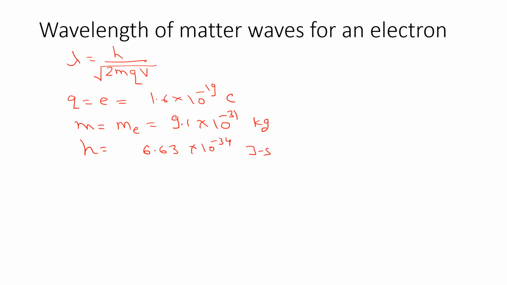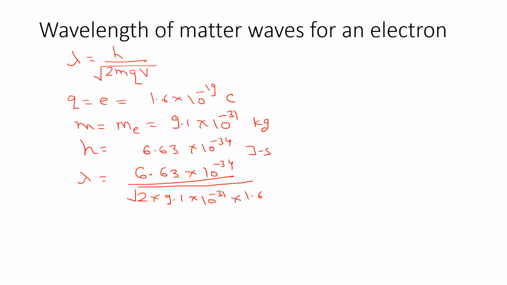Putting these values in the above formula, we can calculate the wavelength of matter waves. 6.63 into 10 raised to minus 34 divided by, we will just put these values, keeping V as it is.